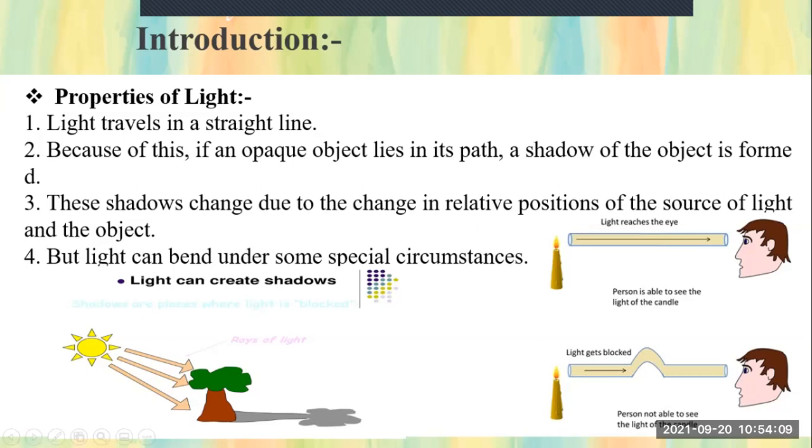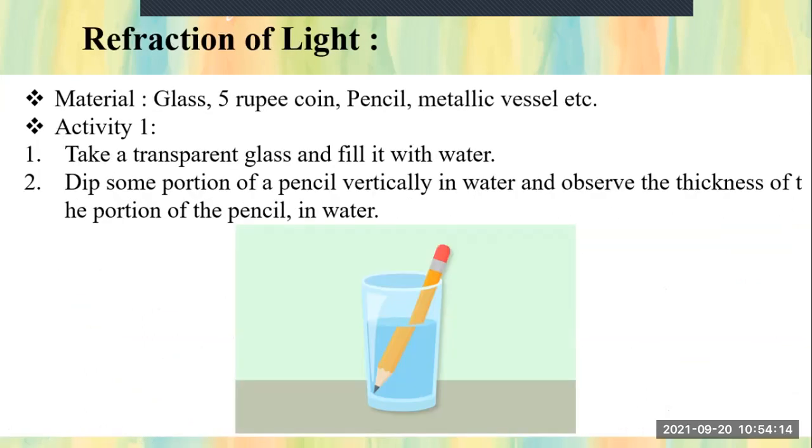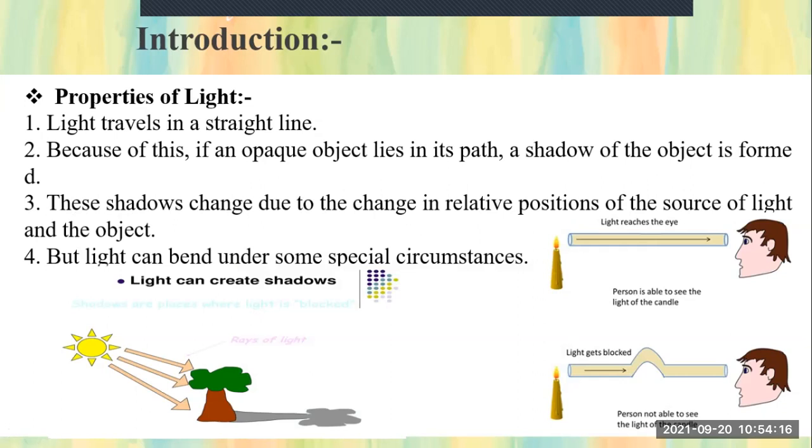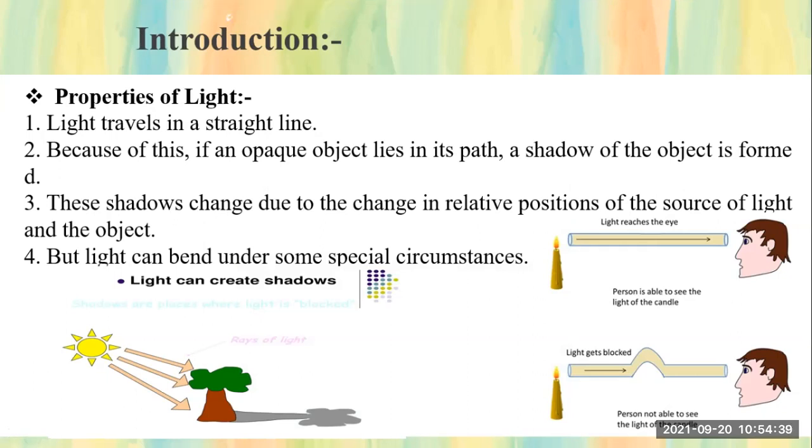Now see, as light travels in a straight line, and if some opaque object is placed in between, what is formed? A shadow is formed. Whenever you are walking in the light, at noon time, in the afternoon, or in the evening, when you're walking on a road, you can see your own shadow.